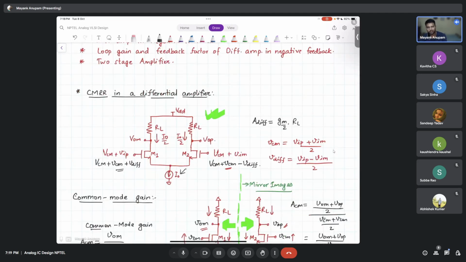Always remember that whenever there is an input common mode signal, it tries to change the total current that is going to flow through the branches, okay? That will not be possible if the current source at the tail node is ideal.